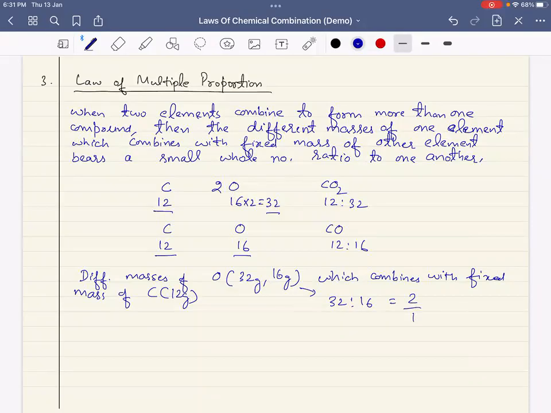Now let us take another example of H2O, water, and H2O2, that is hydrogen peroxide. So in case of H2O, hydrogen and oxygen combine in the ratio of 2:16, and in H2O2 they combine in the ratio of 2:32.